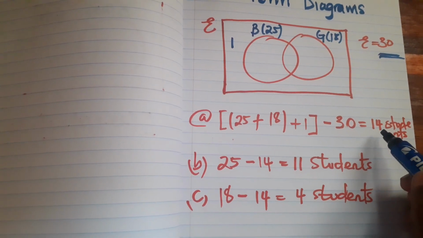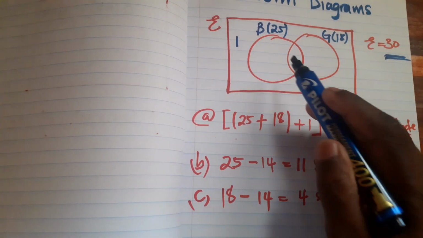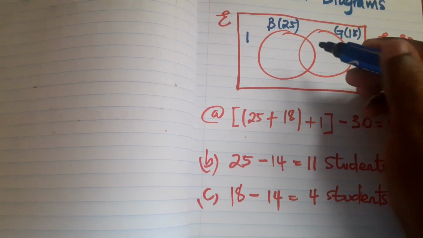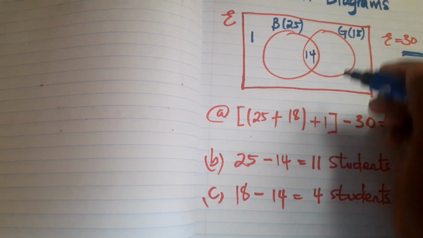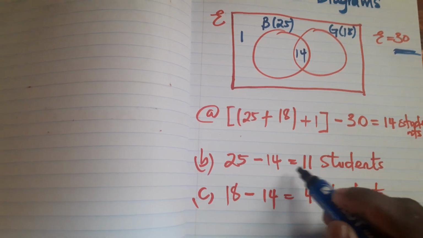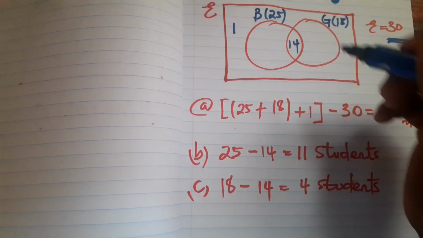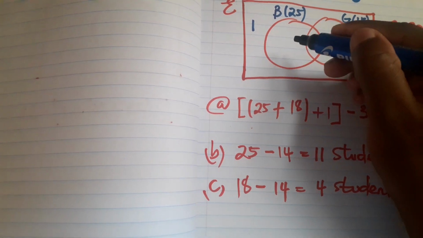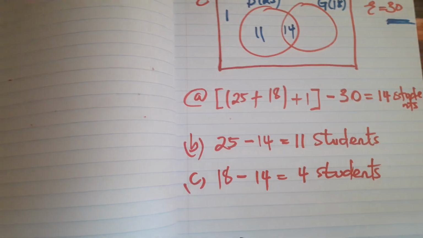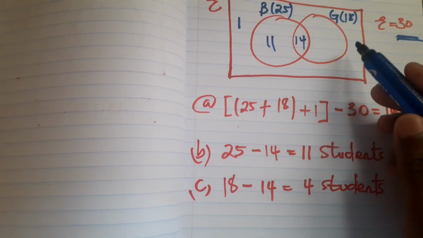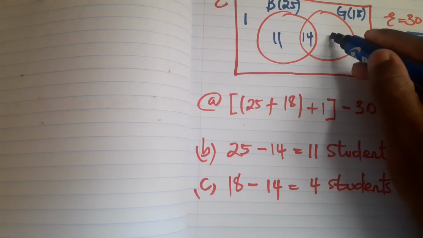The intersection is 14. The students doing both biology and geography, we write in the middle here. And then those doing biology only are 11. And those doing geography only are 4.